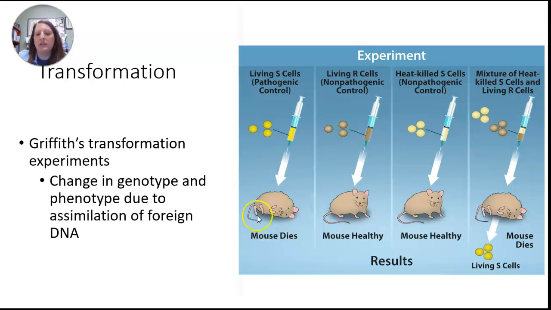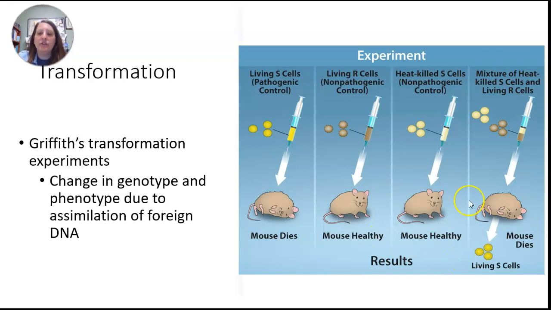He has succumbed to those pathogenic bacteria, has disease and died. That's what we expect. Then he had a separate experiment where he took non-pathogenic bacteria, they were living, and he injected those into mice, and he came back a few days later and nothing's wrong with the mouse. And so those two results are completely expected based on what we know about Streptococcus pneumoniae.